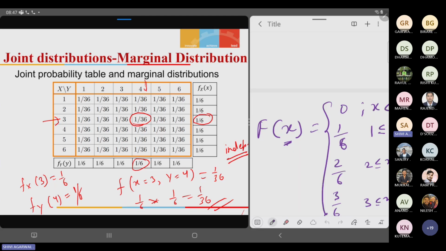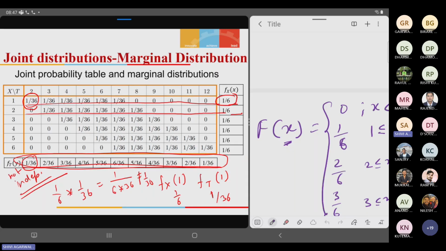Are you getting my point here? The independence and non-independence. The first question we are taking, x and y, are the numbers coming out on the above. Then they are independent of each other. By experiment you can also visualize. But x is the number of value we are taking, while t is the total.